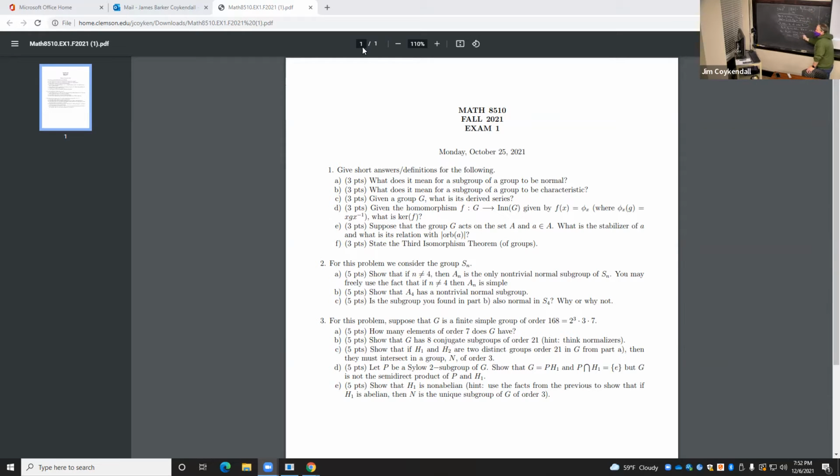Because the normalizer has to contain all of H1 and all of H2, it has to contain all the products.